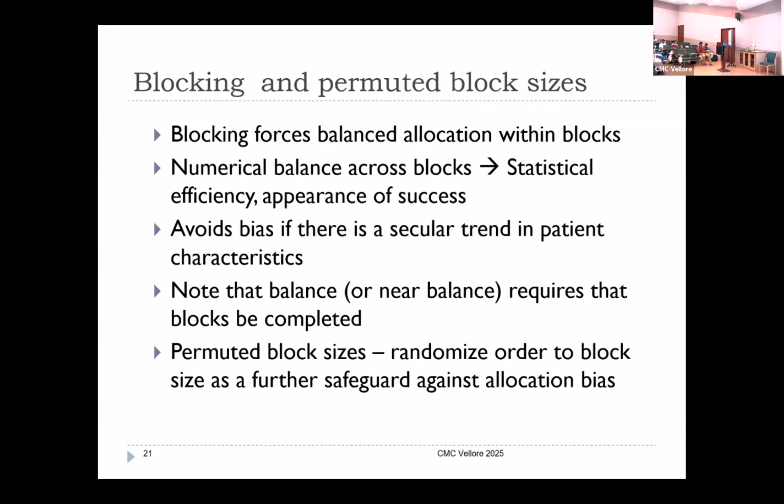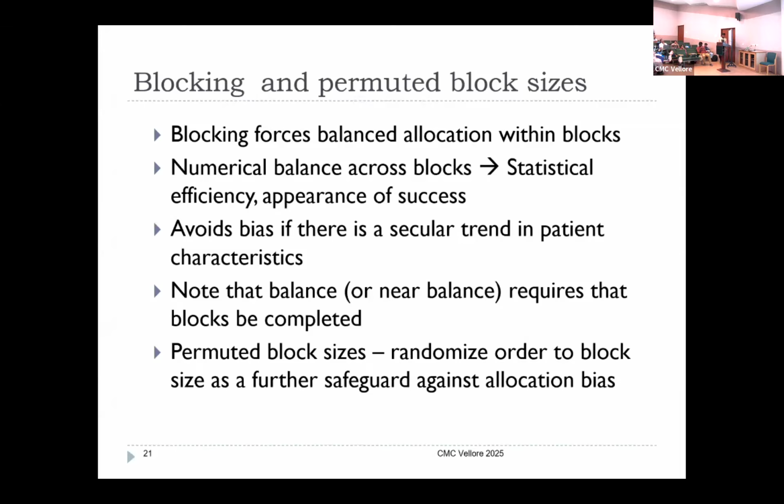It's usually balanced within small blocks, but you could do it on larger blocks if you want to. So it's a numerical balance across blocks, which gives you better efficiency from a statistical standpoint. If there is a bias in a secular trend, because you get in less sick patients in the later recruitments, and more sick at the early, this way you avoid bias. And if you have small blocks, you don't.